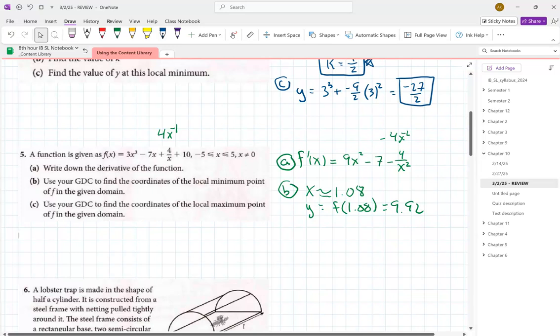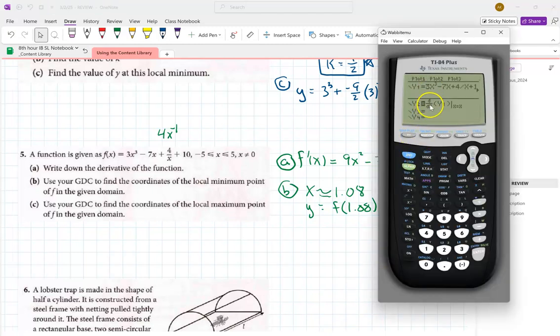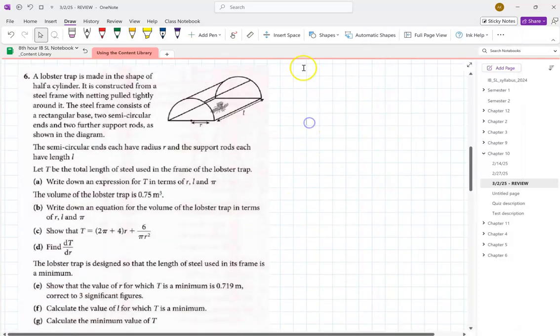Whether you put in the derivative that you find by hand, or the way I set it up on the calculator, I typed the original in and then asked it to graph the derivative of the original. So I'm not even going to risk the possibility that I screwed up finding the derivative. As long as I type in the function the right way, there's no possible error there. So I like that. All right, on to number 4.